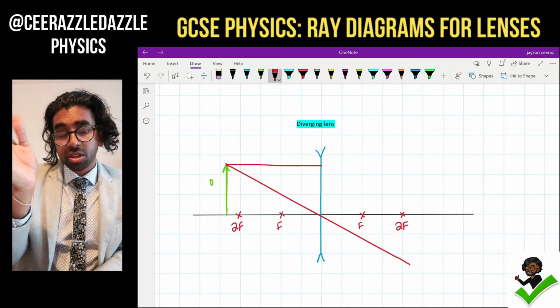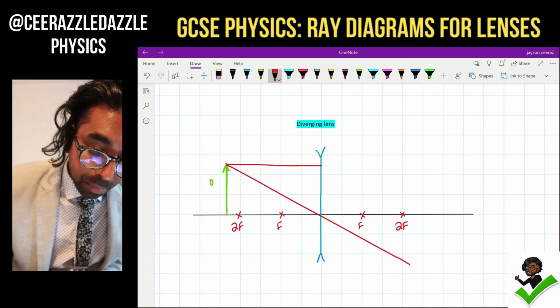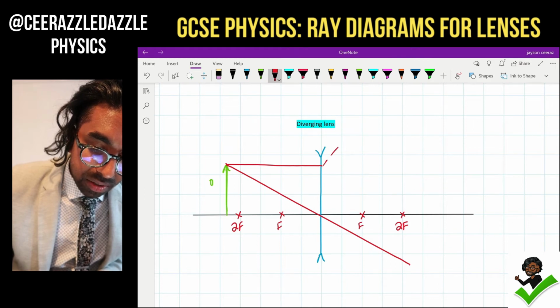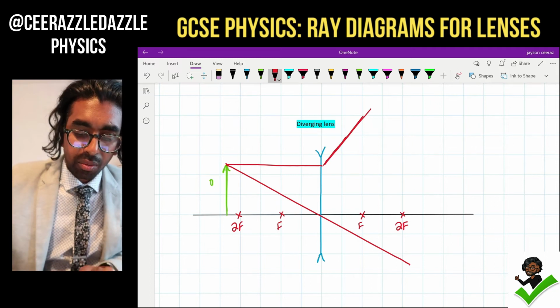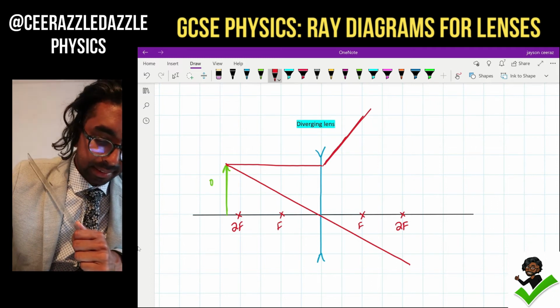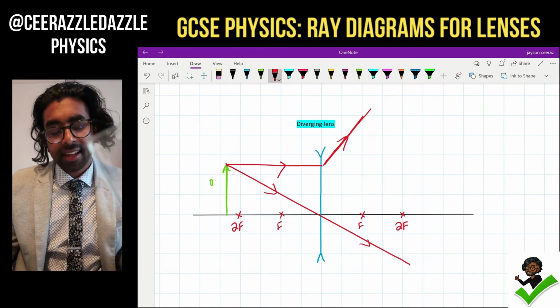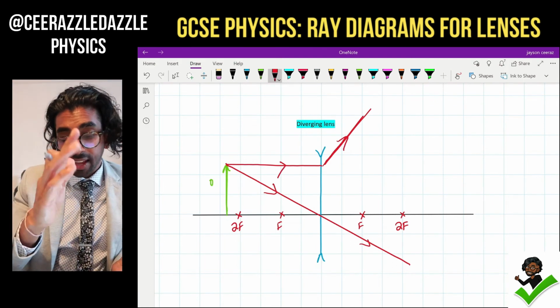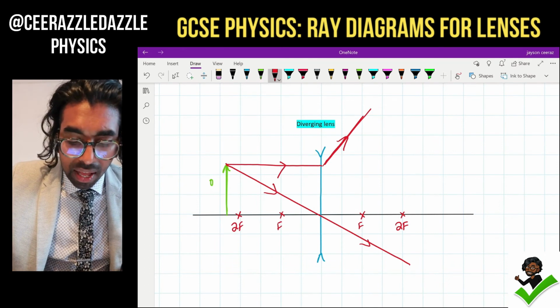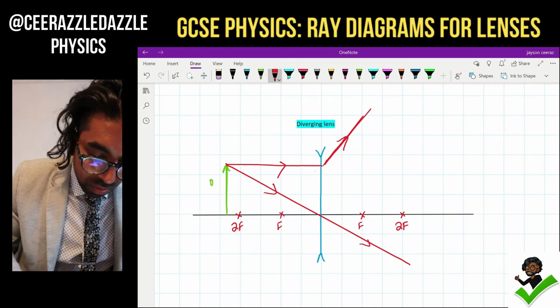Which angle do I know to deflect it? Well, I'm going to have to match up with the focal point on the same side of the lens. So over here. Wonderful. So you've got the arrows going this way over here. And the reason why I know it's at that angle is because if I extrapolate the line backwards, here we go.